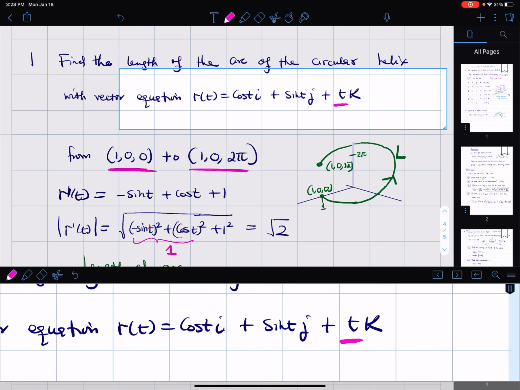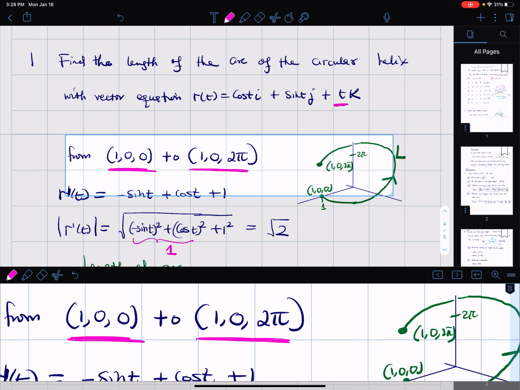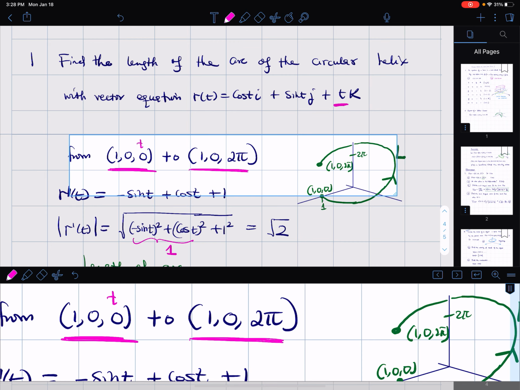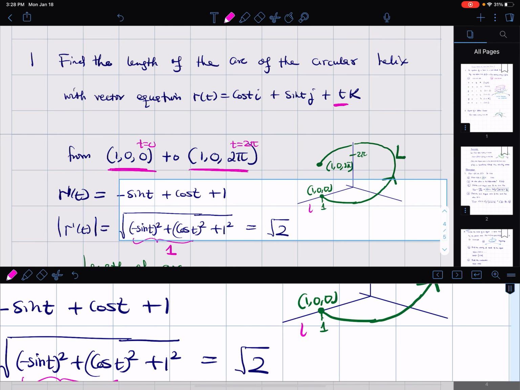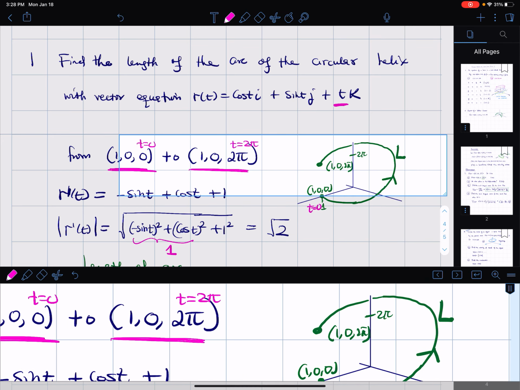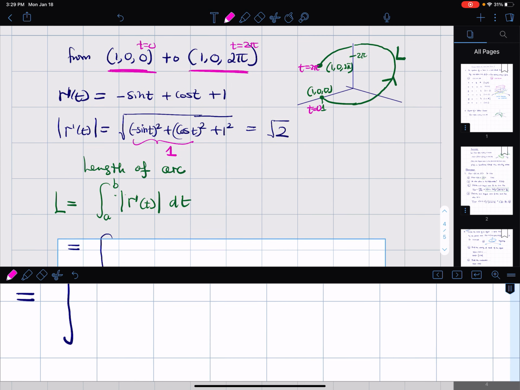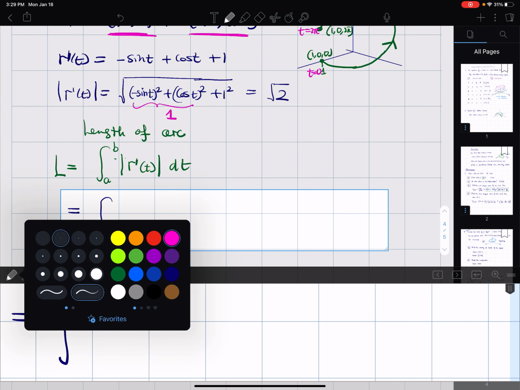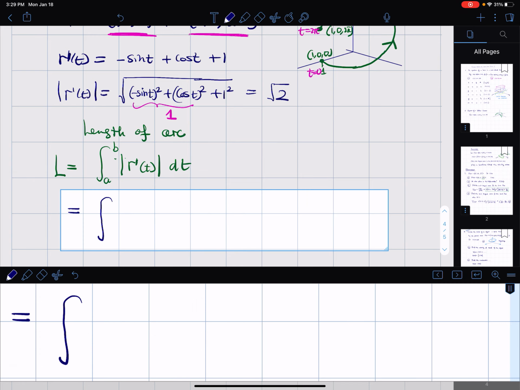Z is just t, so that makes our job easy. That tells us that this is t equals 0 and this is t equals 2 pi. So it starts from t equals 0 to t equals 2 pi.